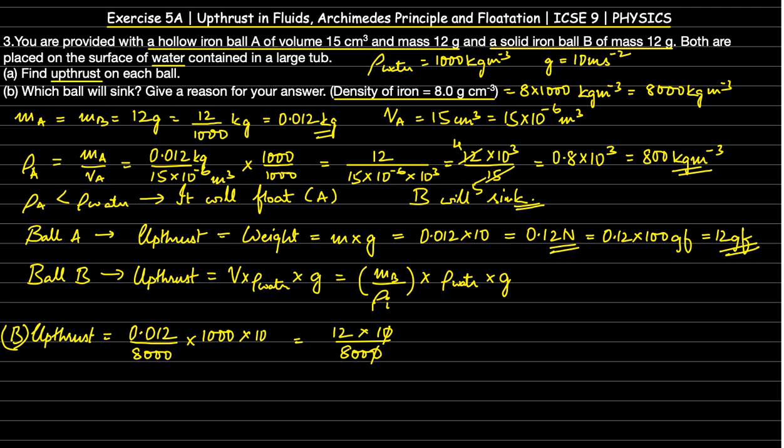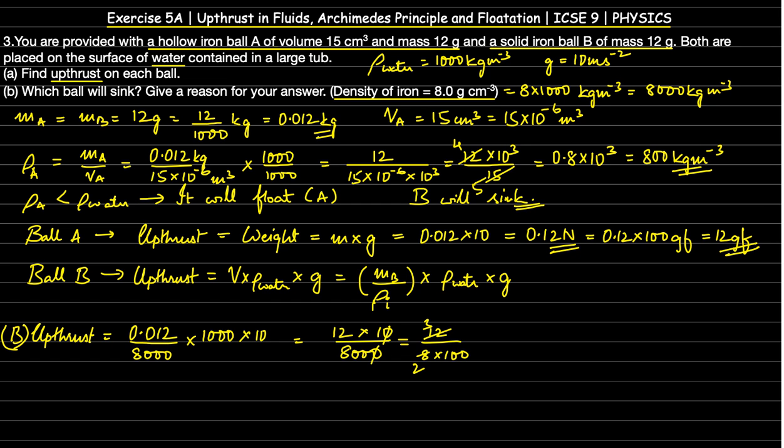Now we can write 800 as 8 into 100. So now we can cancel things easily. 4 2s are 8 and 4 3s are 12. So we get 3 by 2.